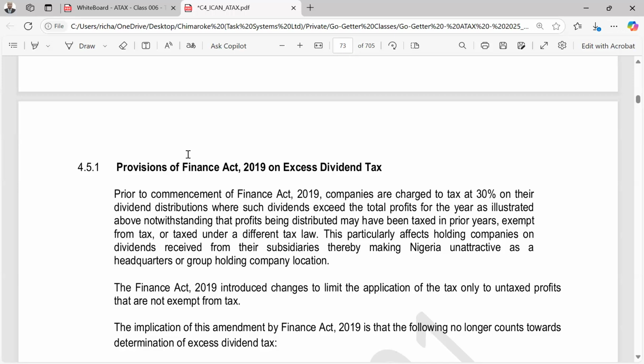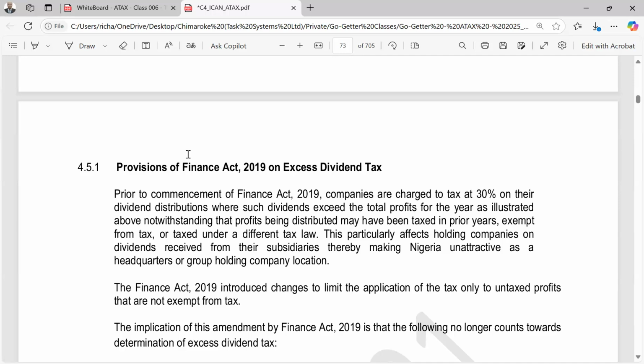Let's say GT Co is a holding company in Nigeria, and they receive dividends from the subsidiaries, say those in Ghana, those in South Africa. With Nigeria as the head office, as they receive these dividends, they may have been taxed in those countries, and as they come into Nigeria, they are still being taxed.